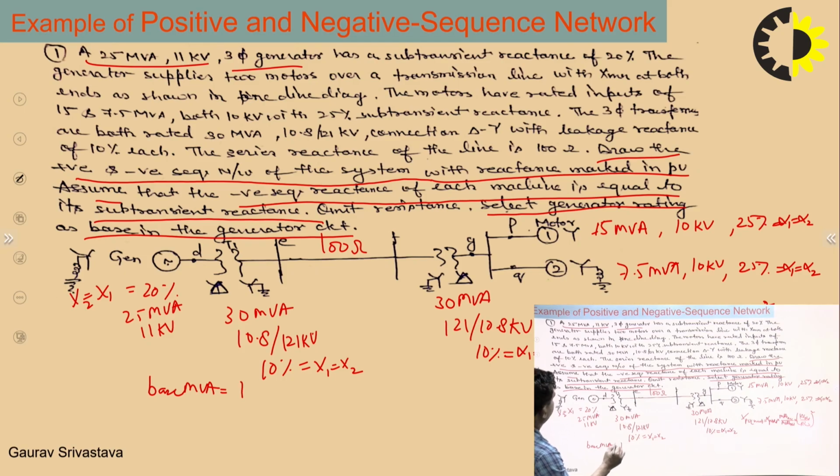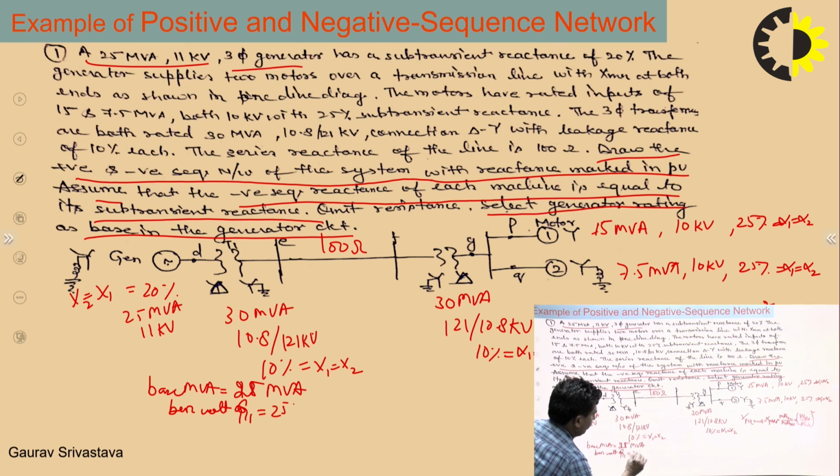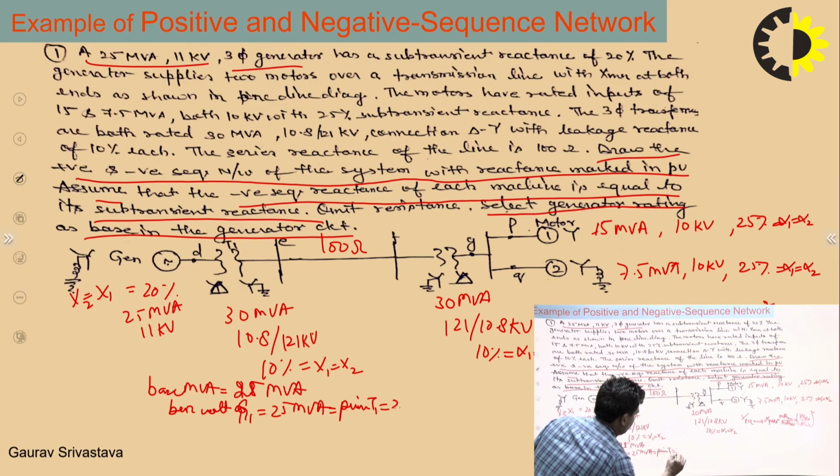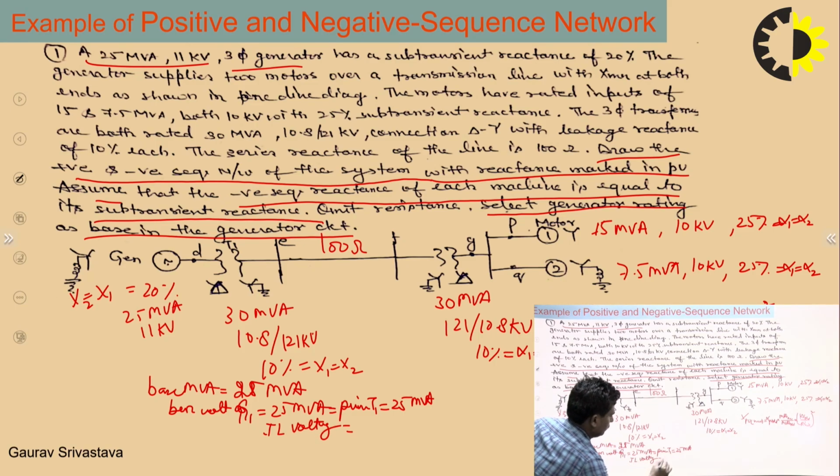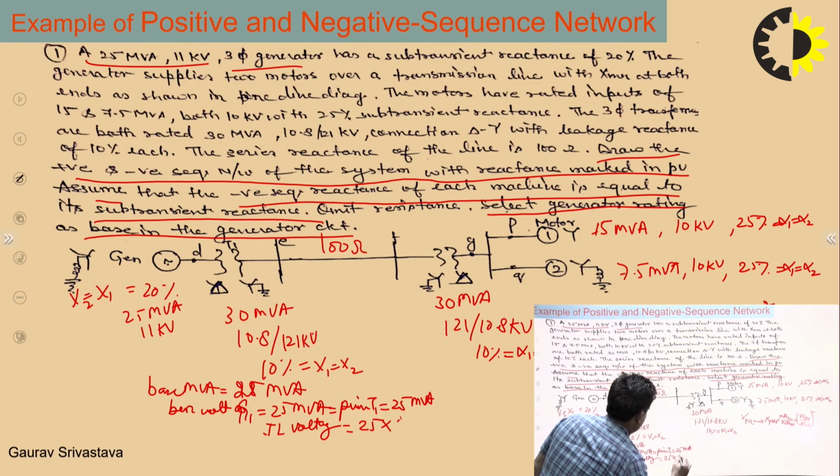Again, 100, how much was it? You have been told to select the generator, so your base MVA is 25 MVA, and base voltages. On the generator side, your 25 MVA, which is equivalent to the primary of T1. Then you can find the voltage of the transmission line. What is the voltage of the transmission line? 25 into what is the voltage level? 121 divided by 10.8.